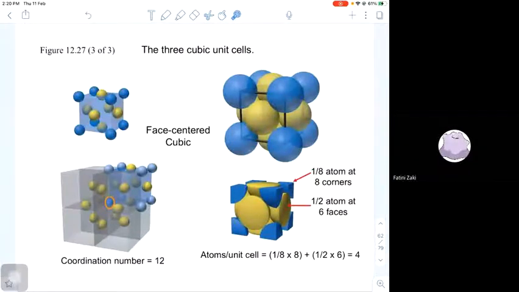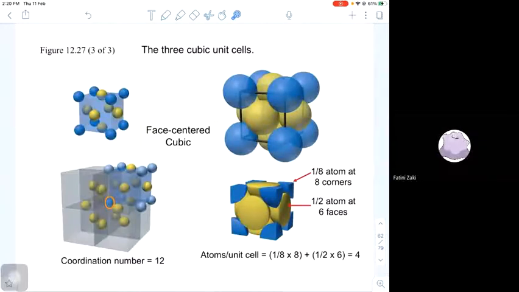We know that in one cube we have 6 faces, so we will have 6 particles at the faces of the cube. When we have particles at the face of a cube, it is actually shared with 2 unit cells. Shared with 2 unit cells means that 1 unit cell only has half of the particle at one face.